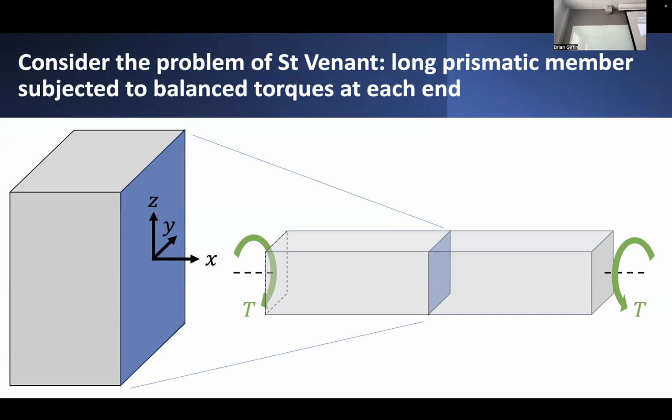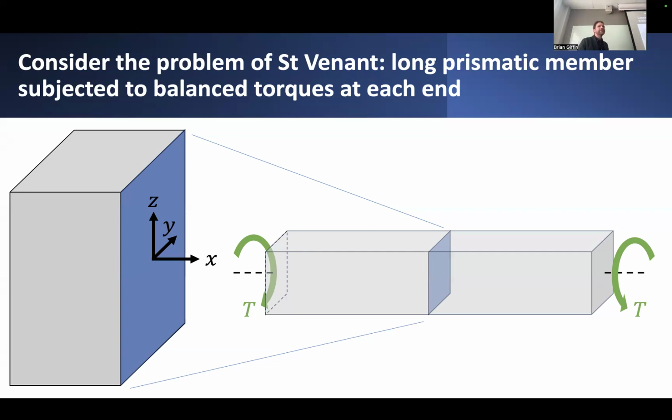So each individual section is rotating a little bit and a little bit more, and we're not applying any distributed torque along the length. It's just rotating at a constant rate of change of that angle of twist. So under these situations, it doesn't really matter what the boundary conditions are on the edges by Saint Venant's principle. Whatever the torsional shear stress distribution is, it just has to be equal to maybe some net torque that we're prescribing.